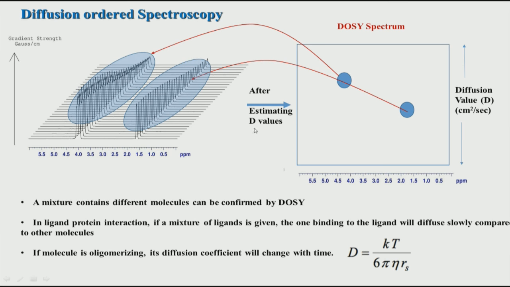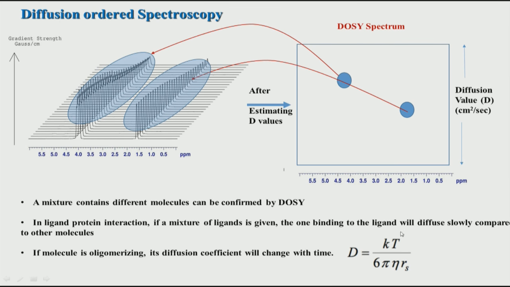If you record the spectrum in real time as the process is happening in situ, you will see the D value constantly changing and the signal will show a shift along the time. Or you can also do it for equilibrium. You do not have to do it as a kinetics experiment. You can record slowly, and at each stage of oligomerization the D values will change, and a shift in the signal will be noticed.